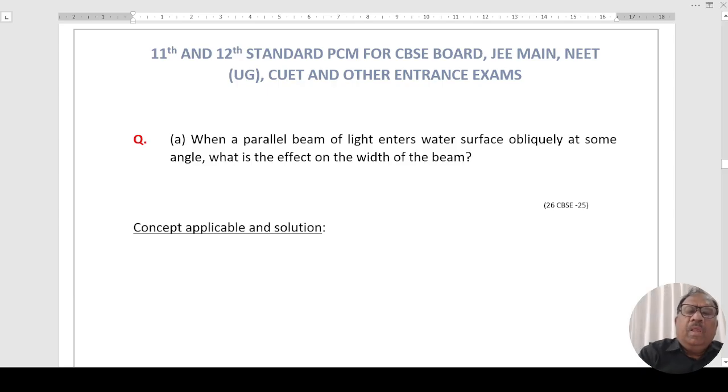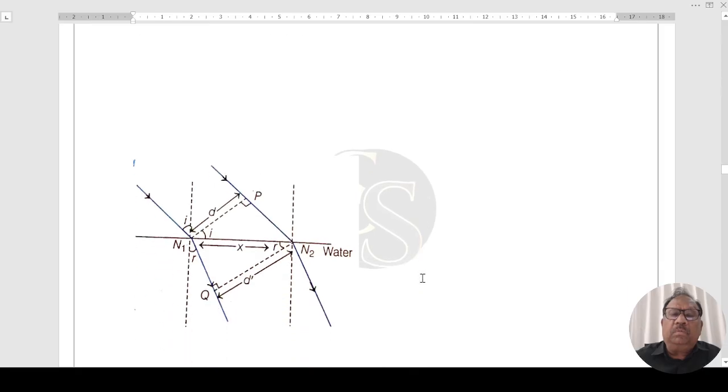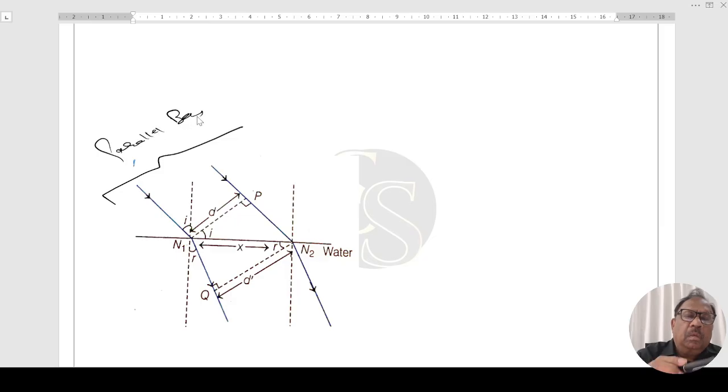Question is, when a parallel beam of light enters a water surface obliquely at some angle, what is the effect on the width of the beam? Concept applicable in the solution. This is a parallel beam. Now, after refraction this bends towards the normal, right?